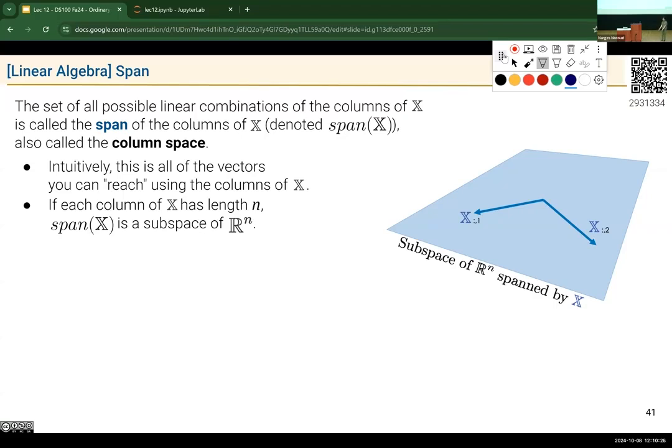Because these two vectors are on the ground, positioned like this, I can build any vector on this specific surface. With different combinations of weights applied to vector 1 and vector 2, I can reach any of the points on this surface. So this entire surface is called the span of those two vectors.